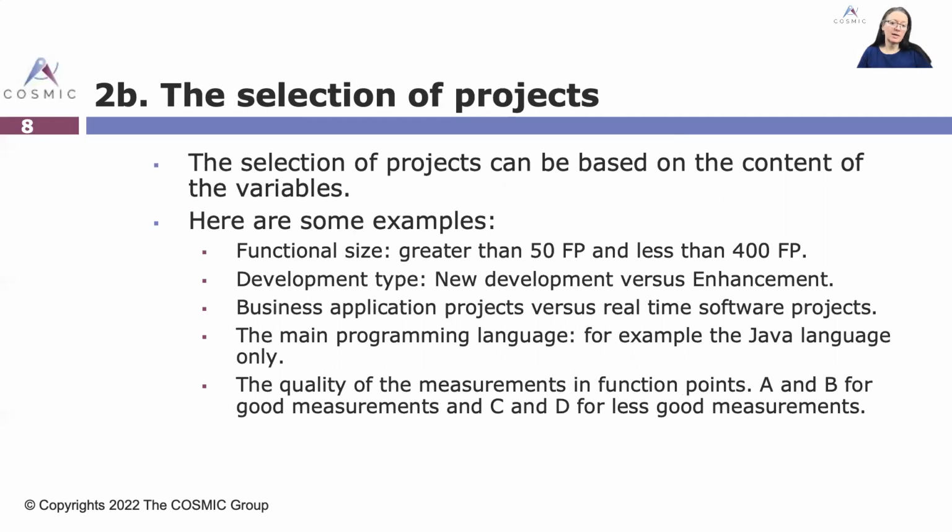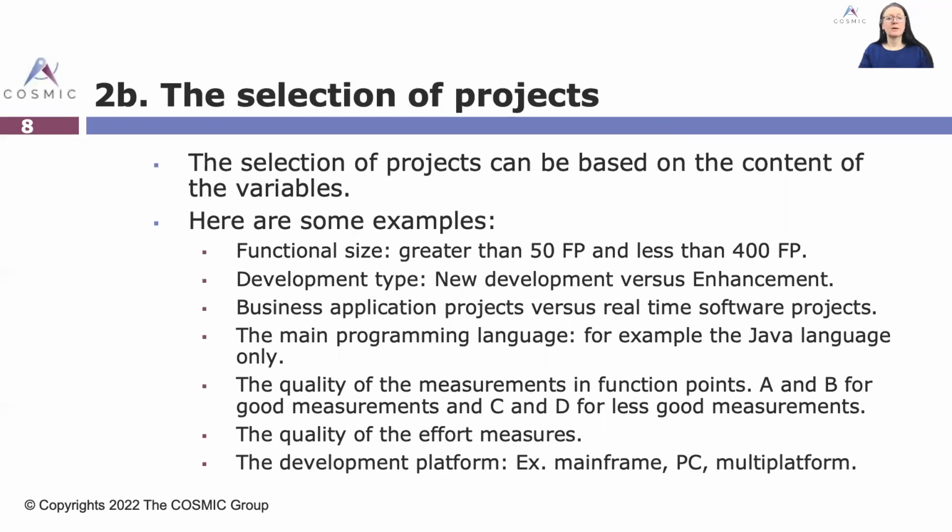A and B being the best, like A is the top quality rating, B is the second best, and there's C and D. C and D are, of course, less good measurements. And there's the quality of the effort measures as well. And also the development platform. There could be mainframe, PC, multi-platform, such as distributed systems, etc.